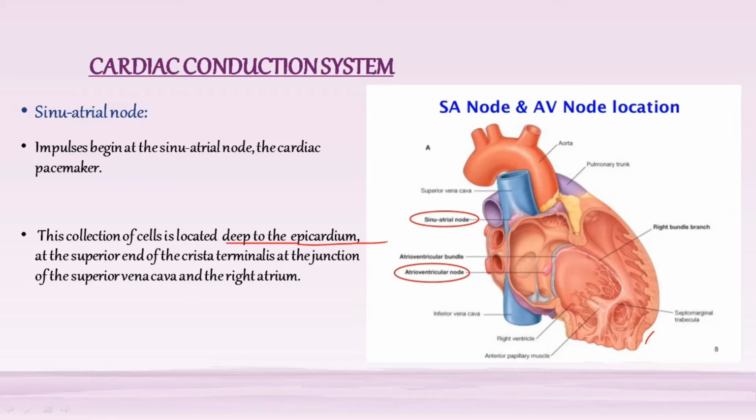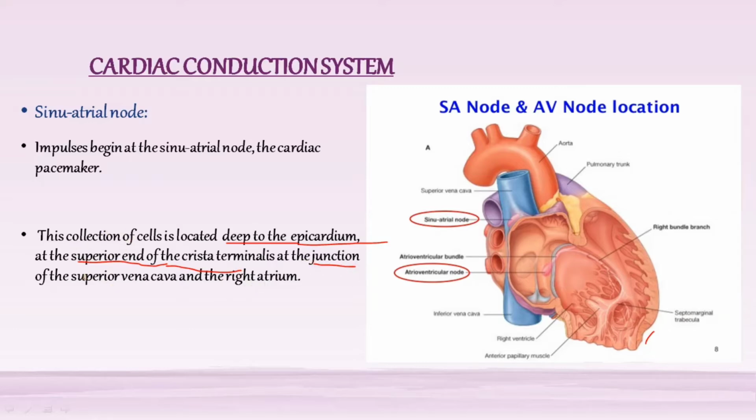Now this SA node is located deep or beneath the epicardium at the superior end of the crista terminalis, and at the junction of superior vena cava and the right atrium.